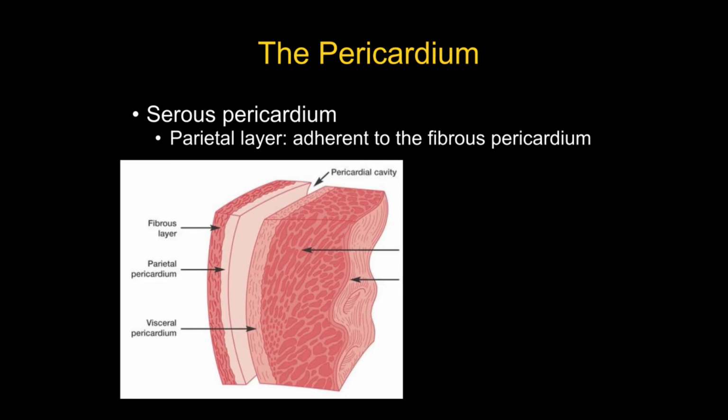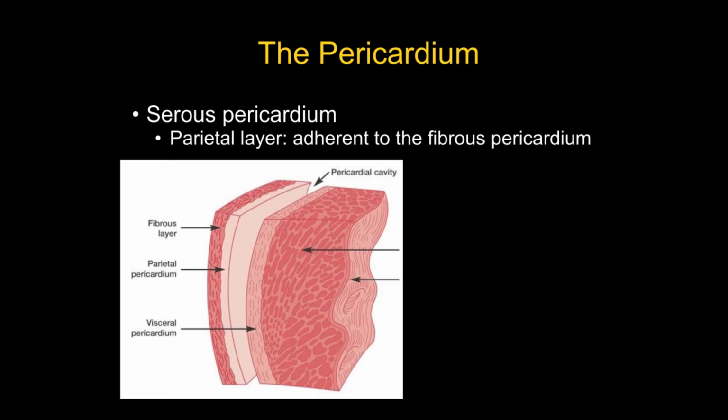The wrapper of the heart, as we see it in the gross anatomy of the cadaver, consists of the fibrous layer and the parietal pericardium together. So together they form the pericardial sac. Whereas the connective tissue outside of the heart is what we call the visceral pericardium.